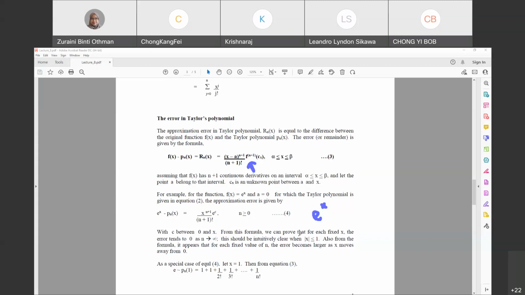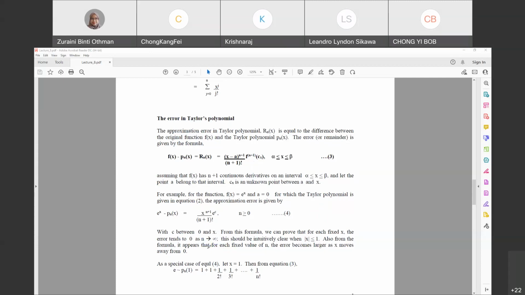From this formula we can prove that for each fixed x the error tends to 0 as n is approaching infinity. Maksudnya error ni akan menghampiri kosong bila persamaan kita tu, Pn kita tu ialah peringkat dia makin tinggi. And this should be intuitively clear when modulus x is less or equal to 1.